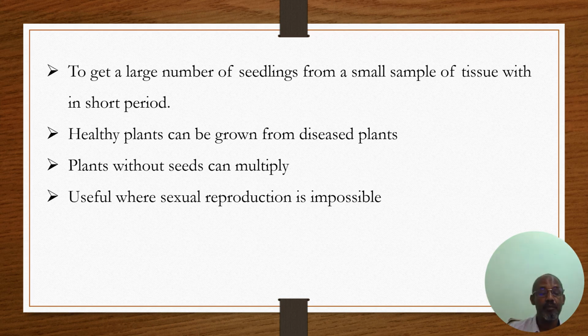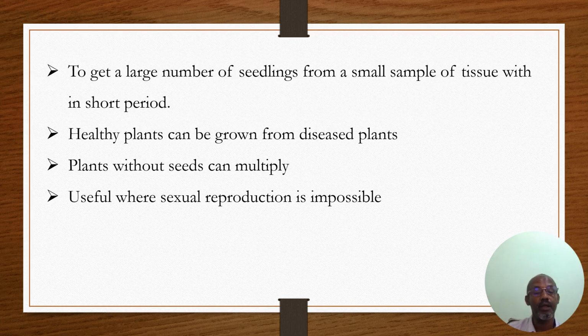Meristems lack vascular tissue so that the virus or the bacteria or the fungus will not reach the meristematic cells. So when you undergo tissue culture, if you take meristematic cell samples from the diseased plant, since they don't have any virus, bacteria, or fungi, they will give rise to a healthy plant.